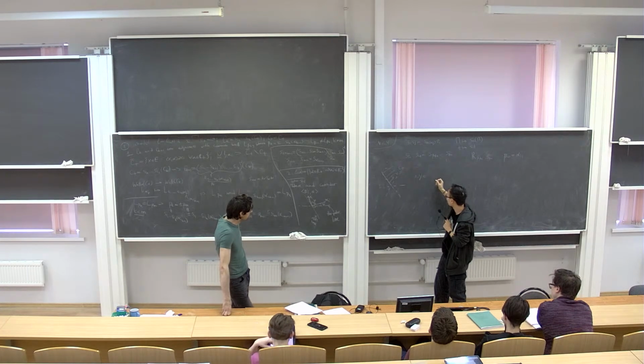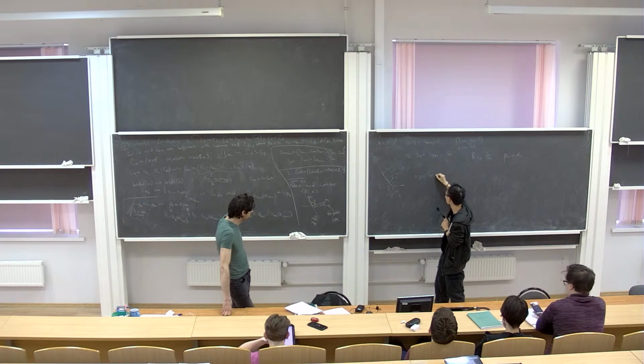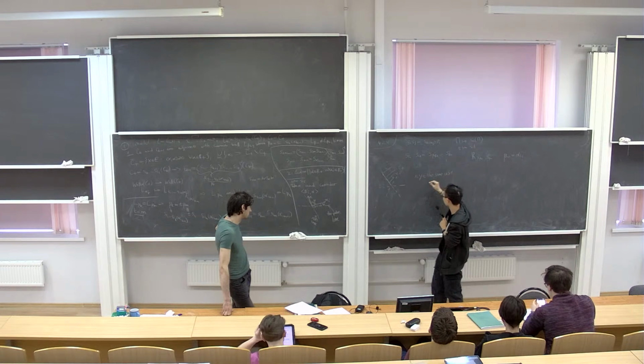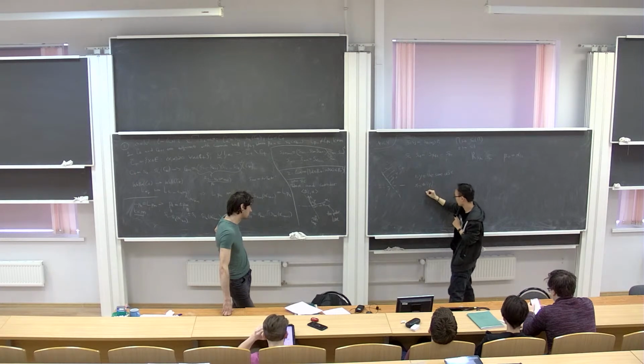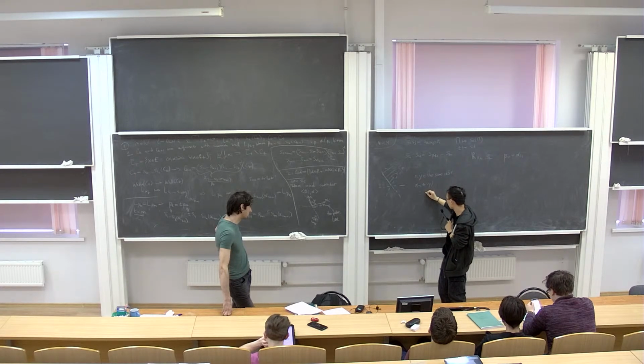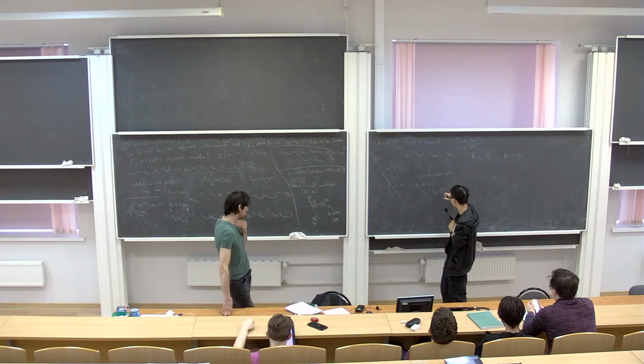In the same orbit, then we can find some w that maps y to x, and we can write the reduced expression of w.